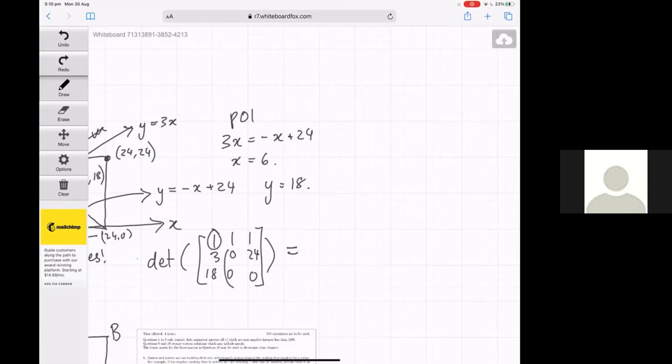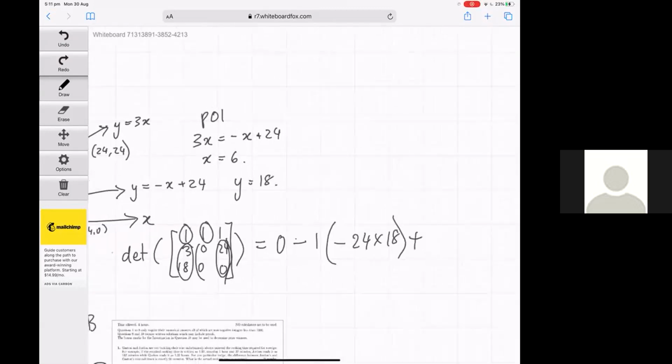So this times the determinant of this, which is 0, minus this times the determinant of this, 1 times the determinant of that, which is minus 24 times 18. Just write 24 times 18. And then plus 1 times the determinant of this, which is 0.